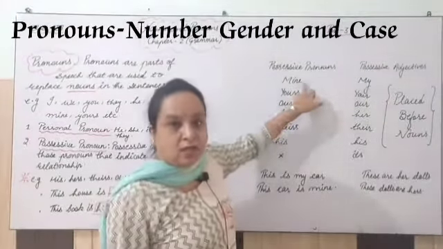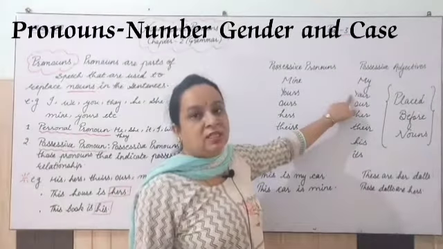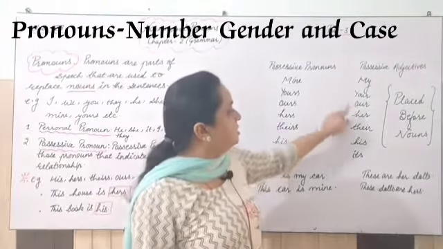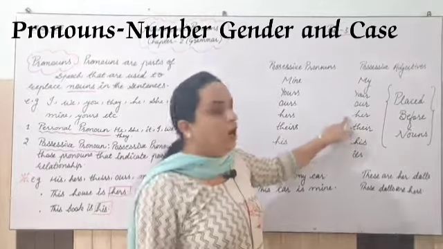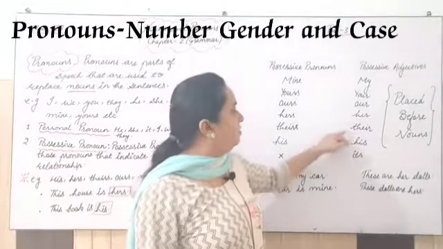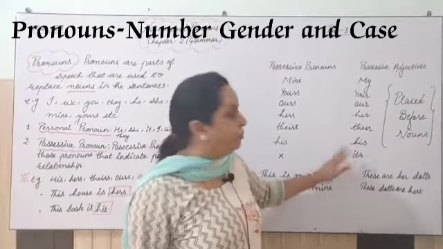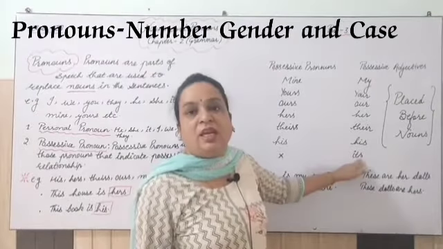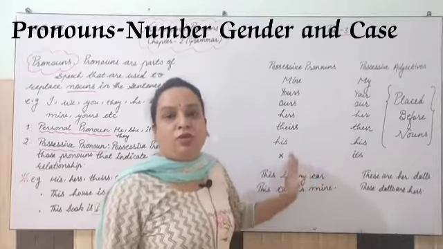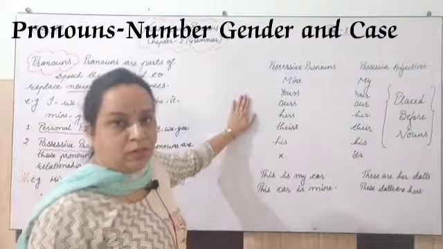Mine here is pronoun, the adjective is my. Yours here, but in the adjective column it is your only. Ours is there, but here it is our only. Hers is there, but here it is her only. Theirs is given here, but here it is their only. His is his, and its is the adjective, but we do not have a pronoun for it, right?